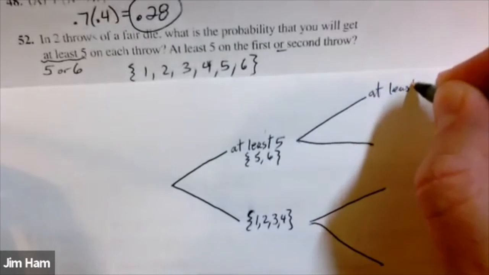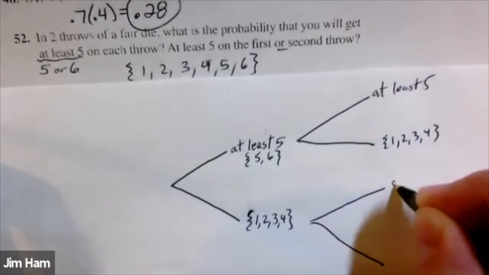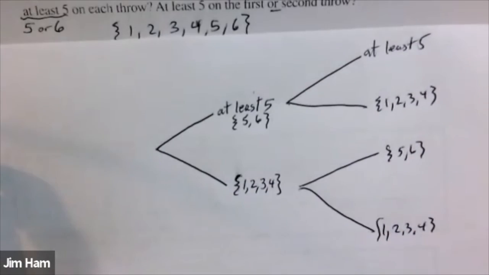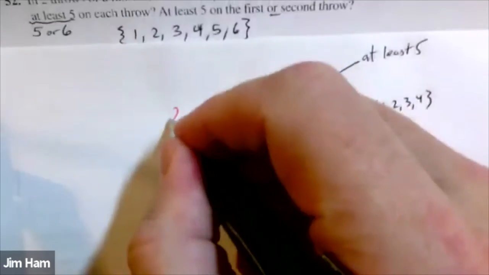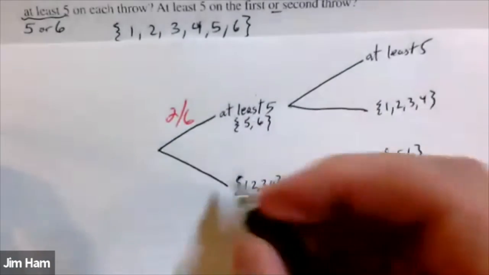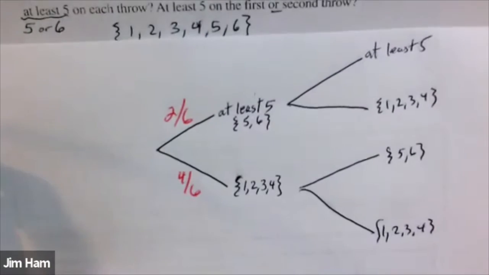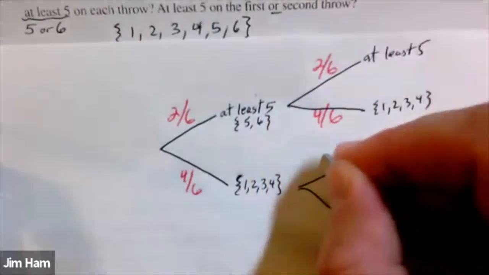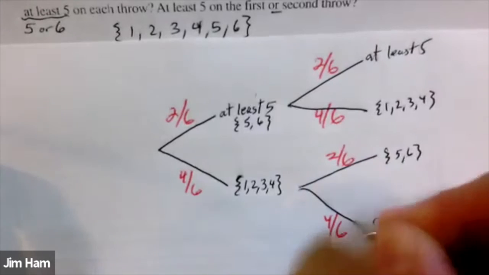At least 5, 1, 2, 3, 4, 5, 6, 1, 2, 3, 4. So we can write the probabilities on each branch. 2/6 here, 4/6 there, 2/6, 4/6, 2/6, 4/6.